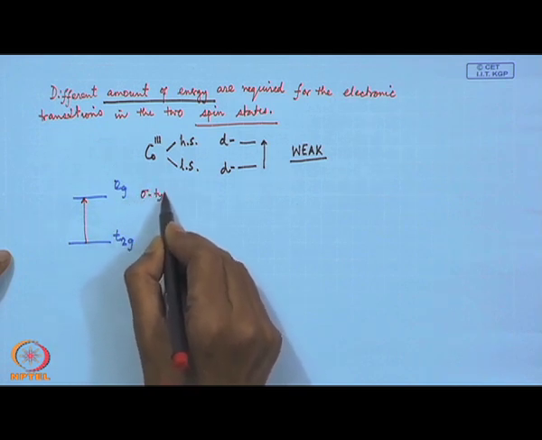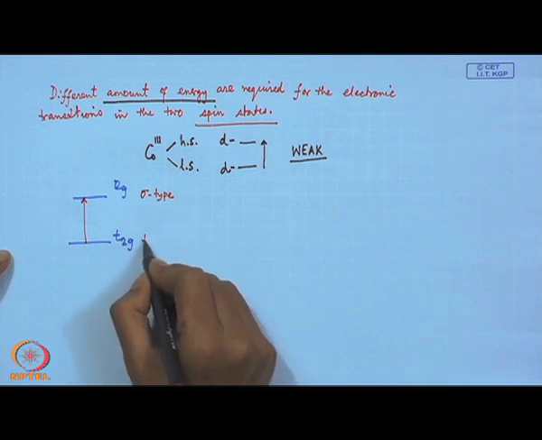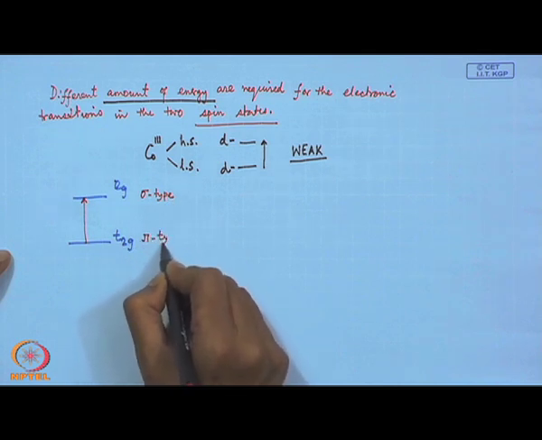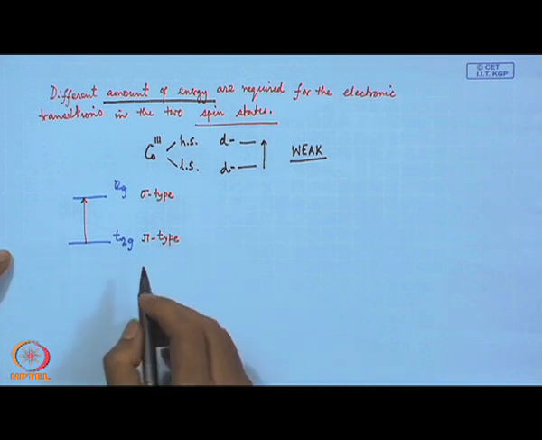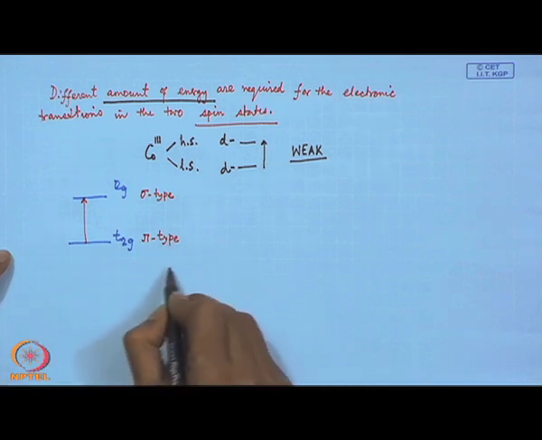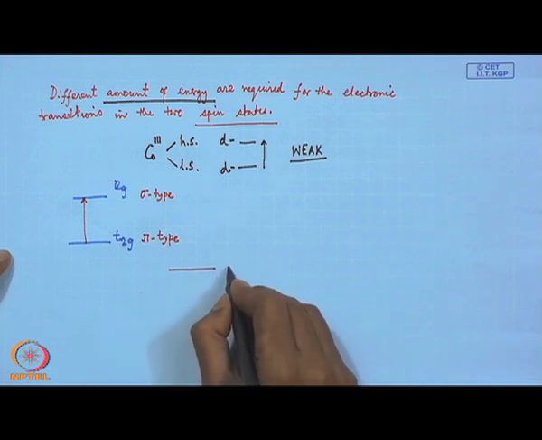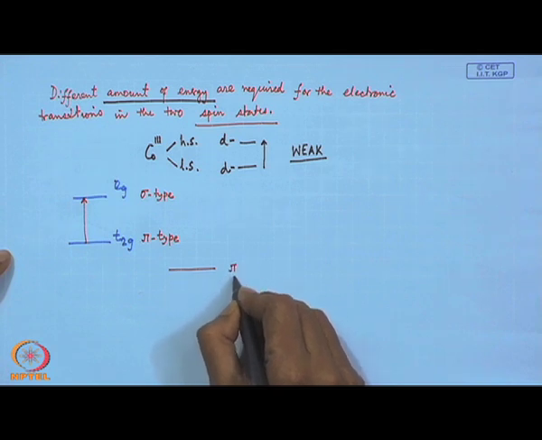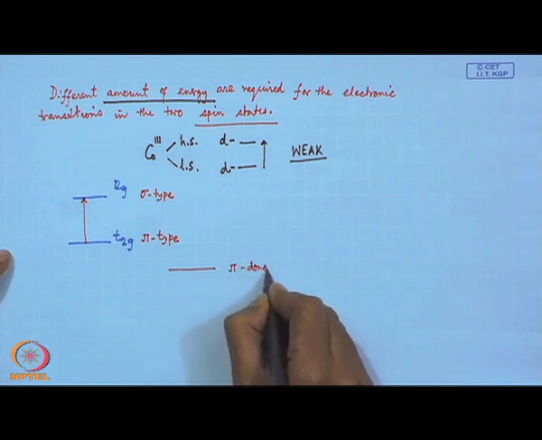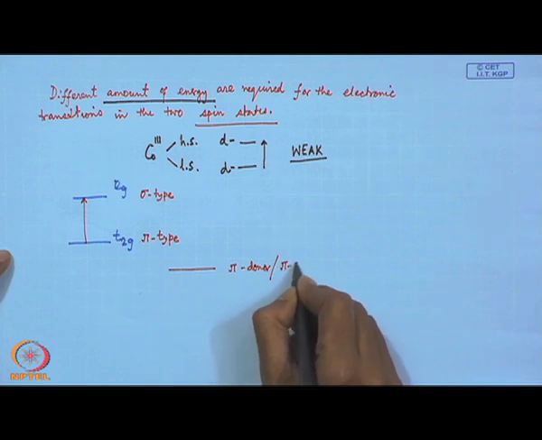So, this is sigma type and this is pi type. And if we have the corresponding ligand orbital somewhere here, this ligand can be our pi donor as well as pi acceptor.